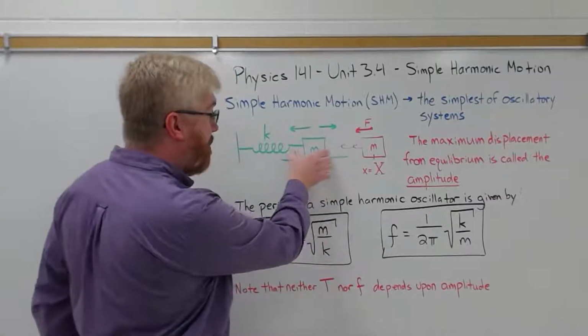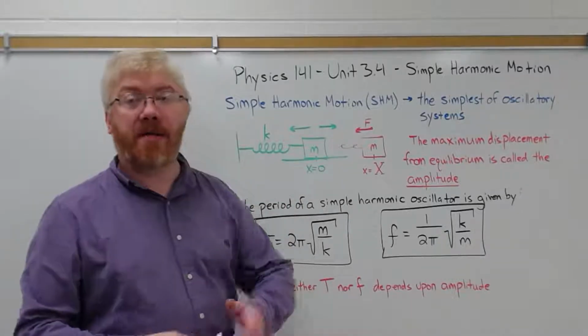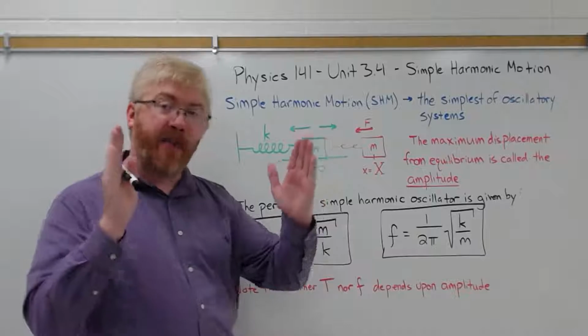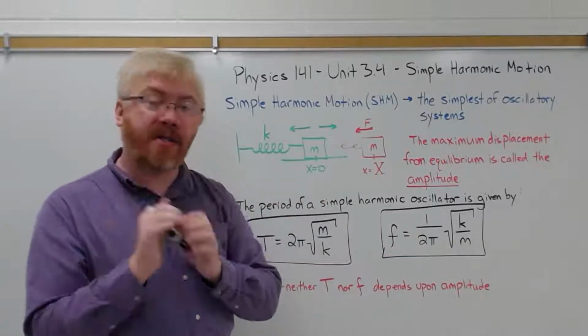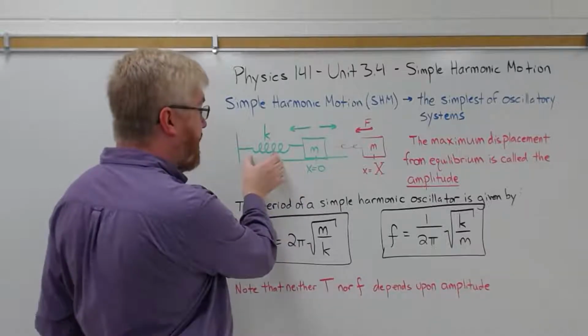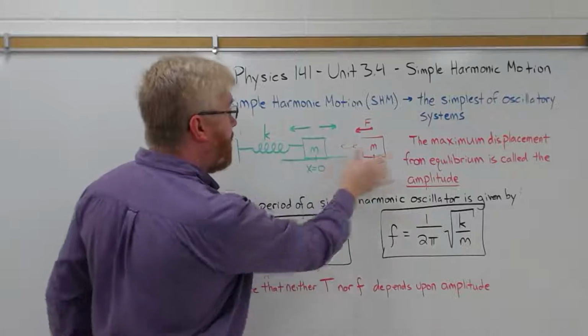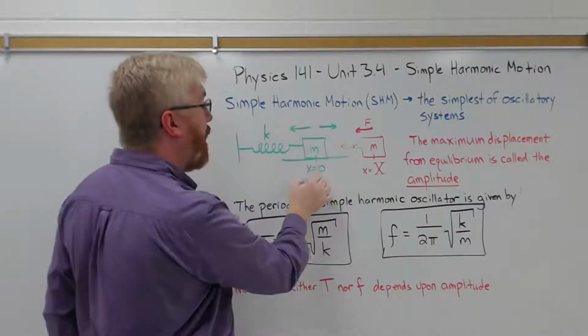So the mass compresses the spring. As it compresses the spring, kinetic energy goes into elastic potential energy. The spring gets compressed, all that energy is stored in the spring. And then the mass stops moving to the left and moves back to the right. So you get oscillatory motion, back and forth, back and forth, around the equilibrium position.